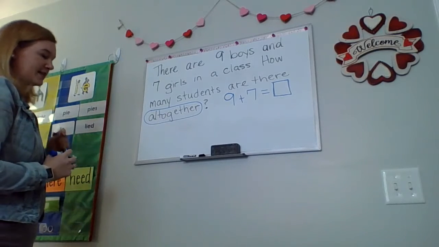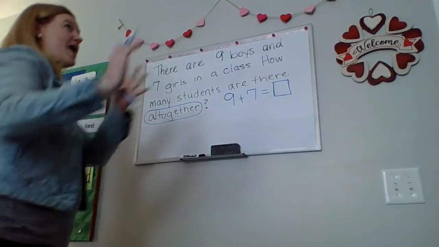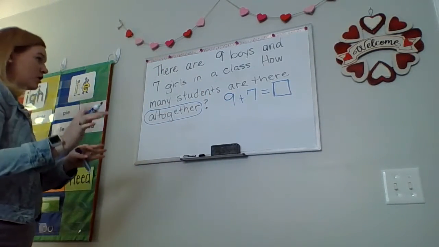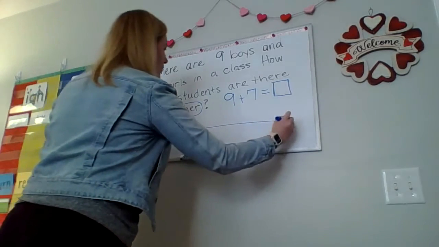Now, how I'm going to practice this problem is I know we kind of pushed away with base 10 blocks or circles and counting circles, so I'm going to solve with an open number line.